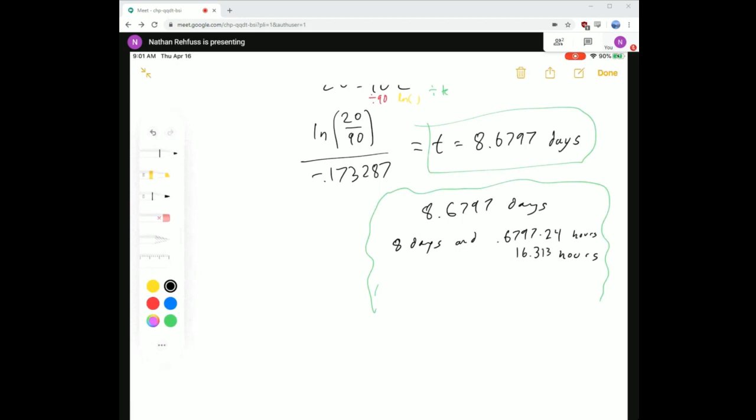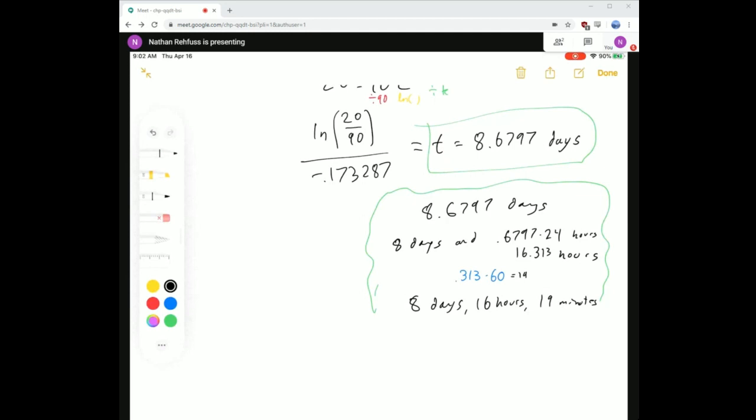And I could even go a step further and say 0.313 hours times 60 gets me the number of minutes. So I'll take that and multiply by 60, and I get about 19 minutes. So if I really want to impress this customer, I'll say 8 days, 16 hours, and 19 minutes.